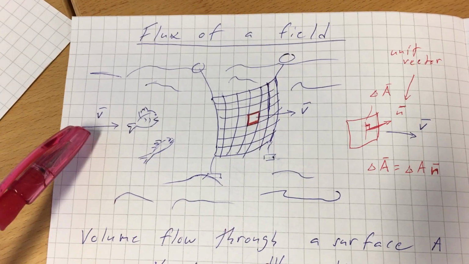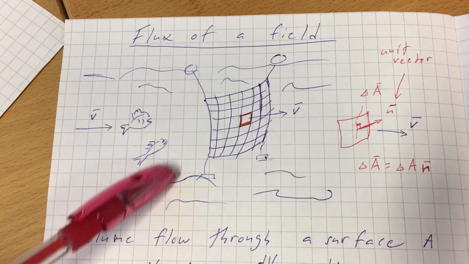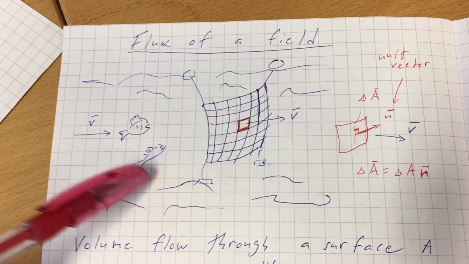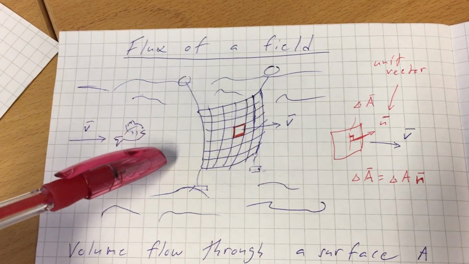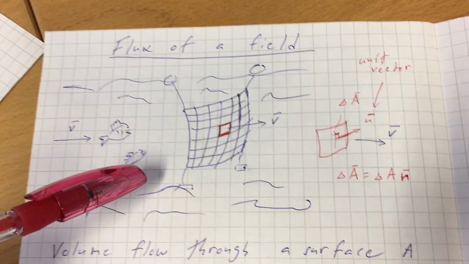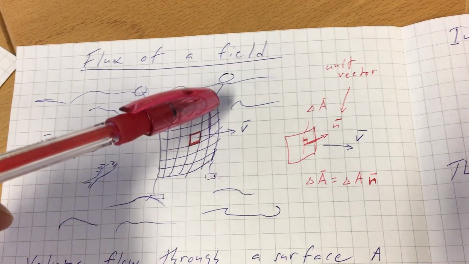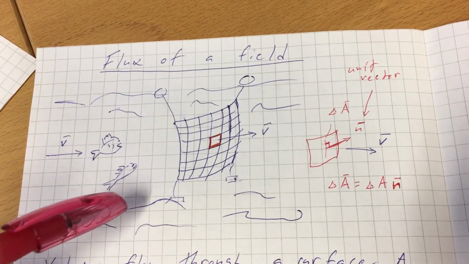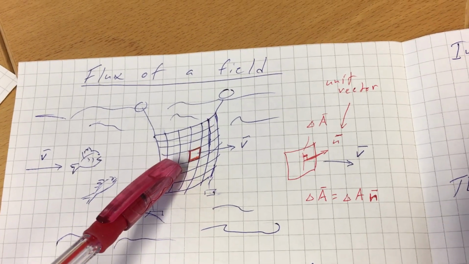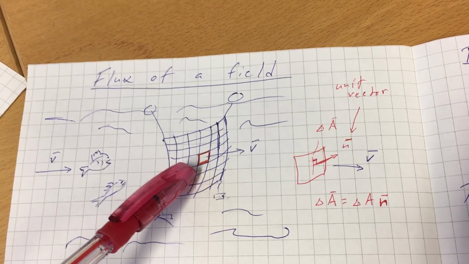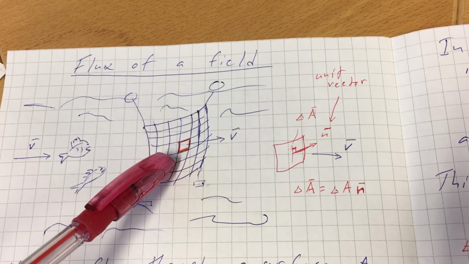Actually, this is a vector field because the velocity is dependent on position. So you may have a fast flow somewhere and a very slow flow somewhere else. And now if you have a net here, for example, for catching fish, you could look at the flux or flow of water through these small surface elements.